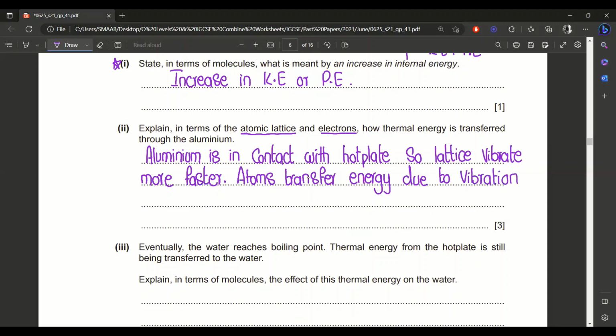And next, in a conductor, we also know that electrons are free to move, right? So energy can easily be transferred through the free electrons. So atoms transfer energy due to vibration, with the help of free electrons. So here is the reference to electrons also.